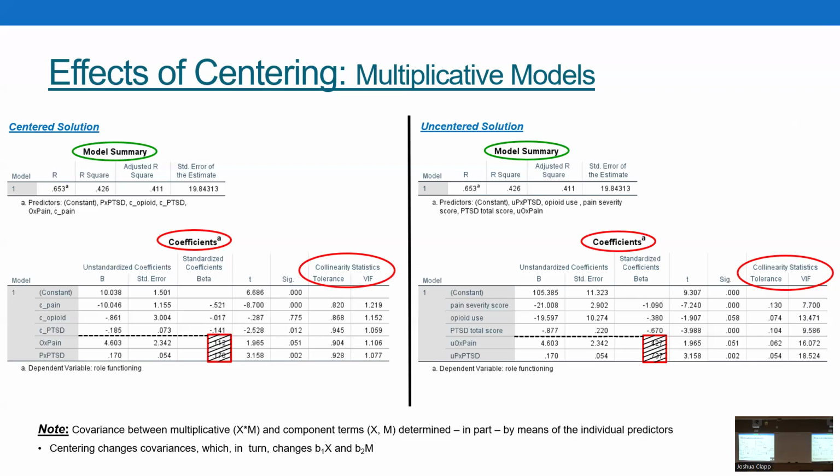Here we've got the unique effect of pain on functioning for average levels of PTSD, controlling for opiate use. Here's the unique effect of opiate use on functioning at average levels of pain and average levels of PTSD. This is the unique effect of PTSD on outcome at average levels of pain, controlling for opiate use.